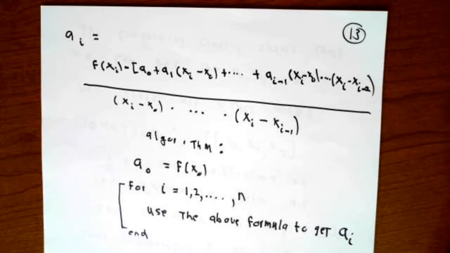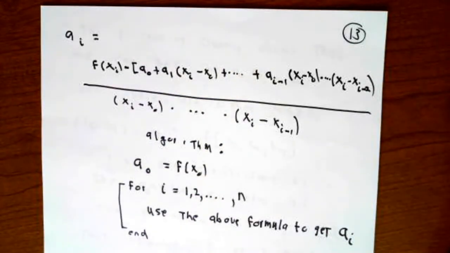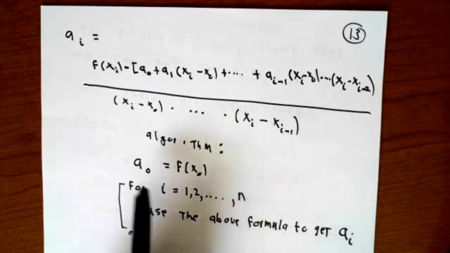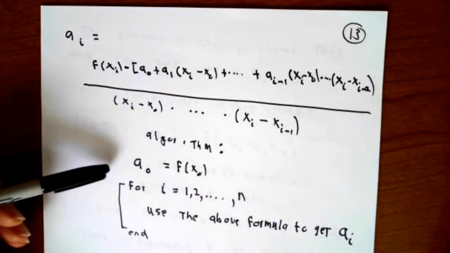So this lets me divide through by that quantity without any worries. And if I know a0, a1, a2, up to ai minus 1, this formula is going to let me figure out what a number i is. So this obviously suggests an algorithm.